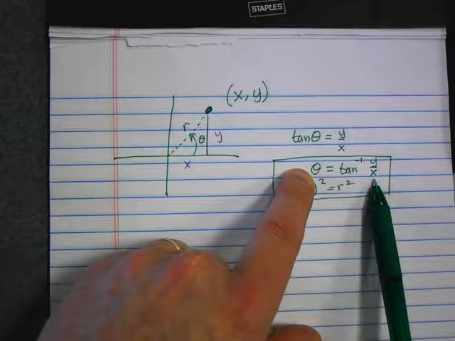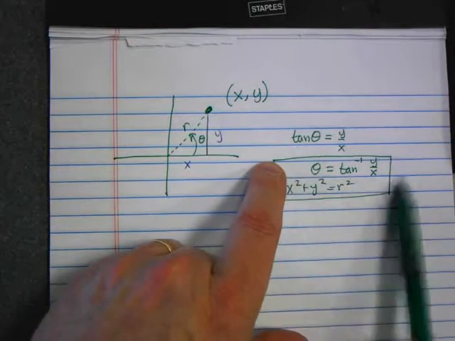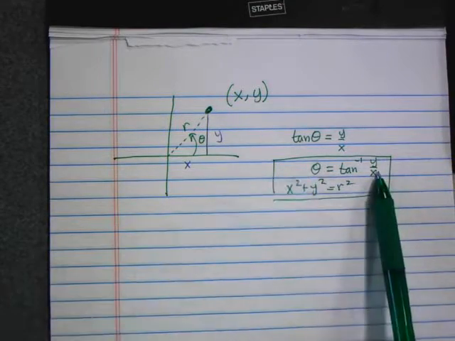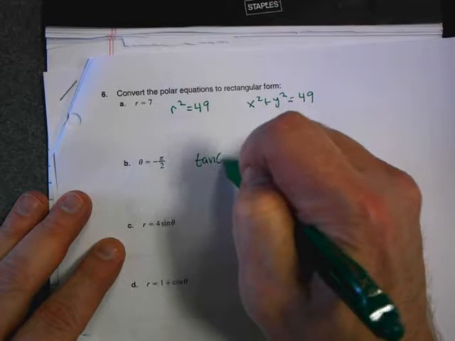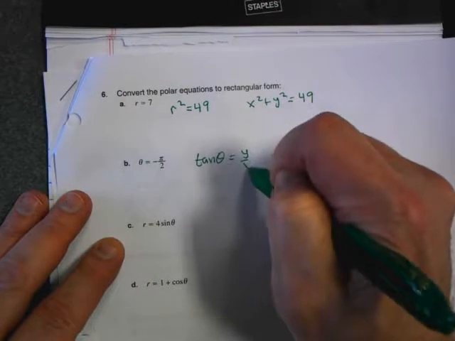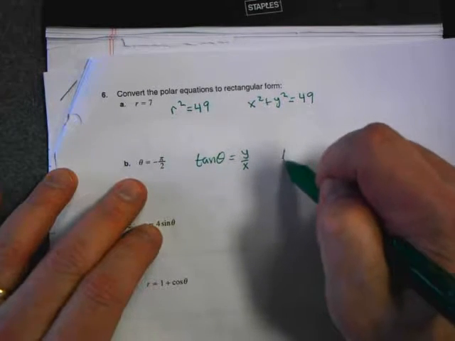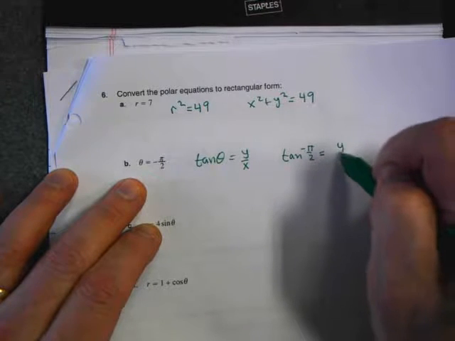But you're absolutely right. If I do tangent on both sides of this, I get tangent of theta is y over x. So that's what I'm going to do over here. Tangent of theta is y over x. So tangent of minus pi over 2 is y over x.